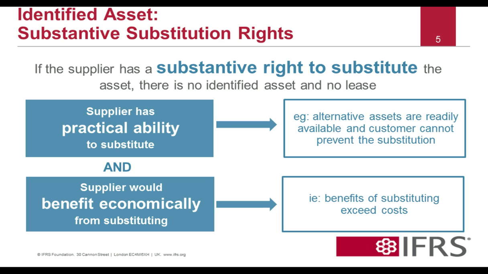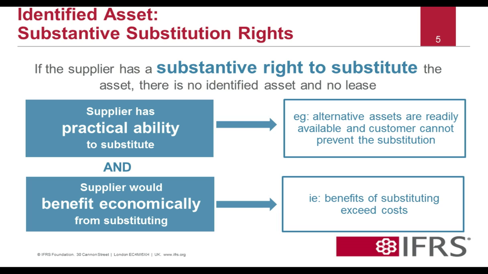And could you give some practical examples of how this works? Maybe circumstances in which a substitution right is or isn't substantive, or some of the factors that an entity needs to think about when making that judgment? Of course. So I'll run through a couple of the real-life circumstances that we came across when working on these requirements. One thing some companies might need to think about is where the asset will be located during the contract term.